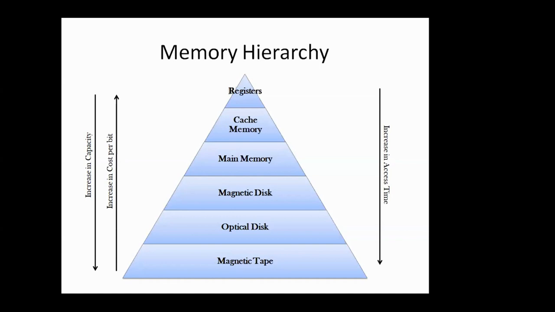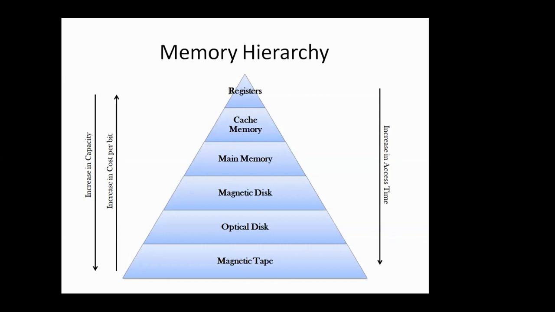Now if you go from bottom to top, you will see there is an increase in cost per bit. It means that to store 1 bit is costly when you go upward, and this is the reason that the capacity is increasing towards the bottom.